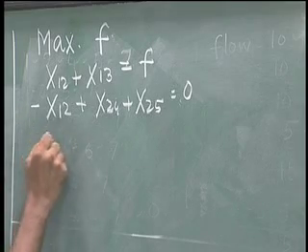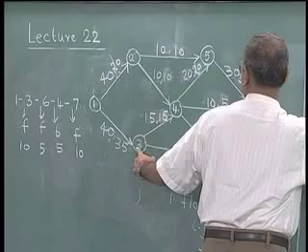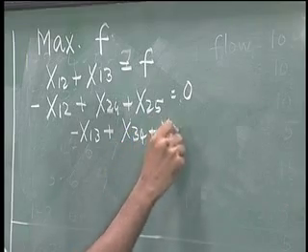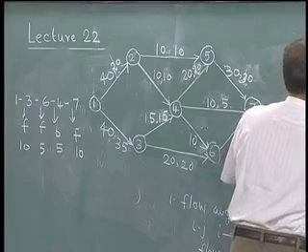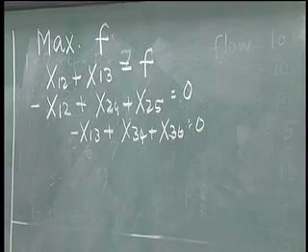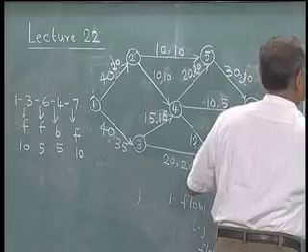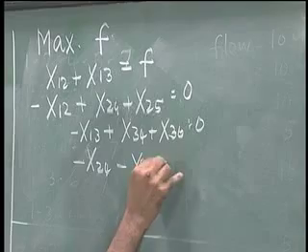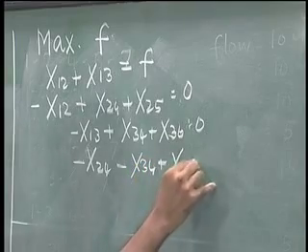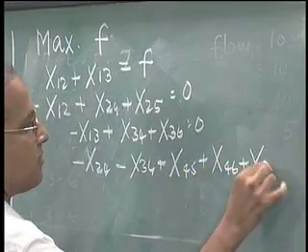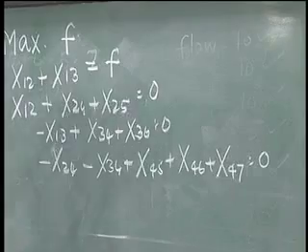For this we will have minus x13 plus x34 plus x36 equal to 0. For this we will have minus x24 minus x34 plus x45 plus x46 plus x47 equal to 0.